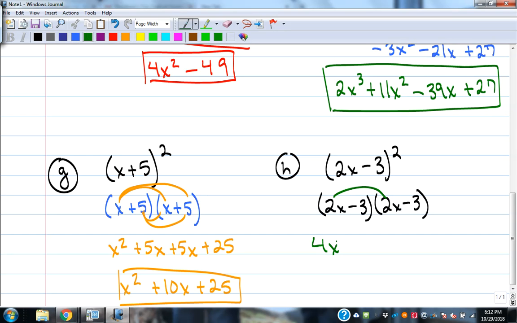It'll be 4x squared minus 6x, minus 6x plus 9. And I did my little stacking trick there because I was running out of room. So it works the same though. Putting those together, 4x squared minus 12x plus 9.